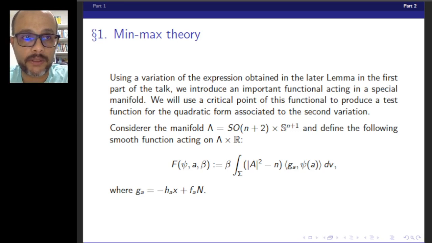If you put here psi equal to the identity and beta equal to 1, you have exactly the expression of the second variation applied to psi AB. Okay. Next, we will observe that this functional has nice properties for our purposes in this talk.